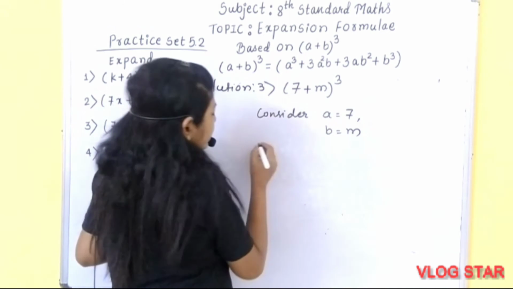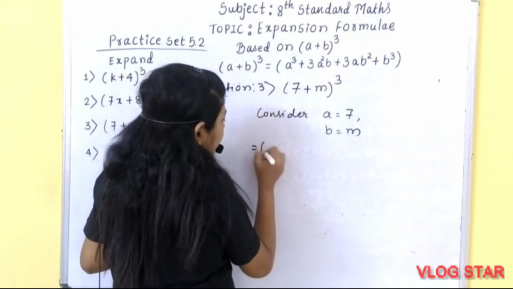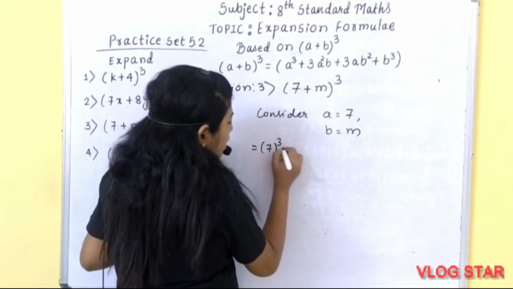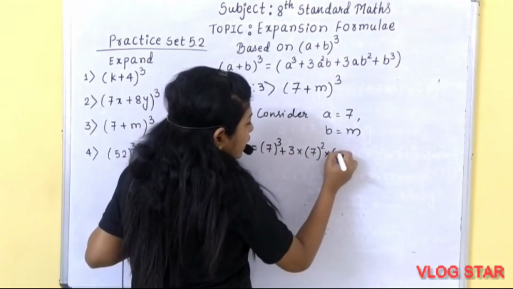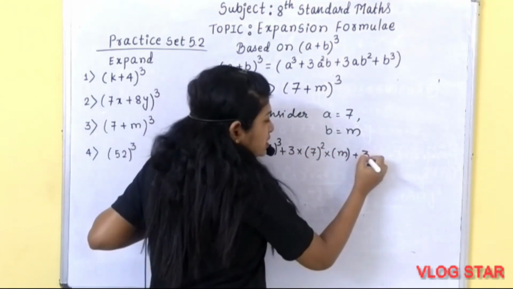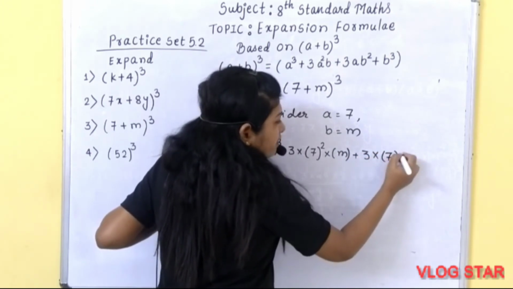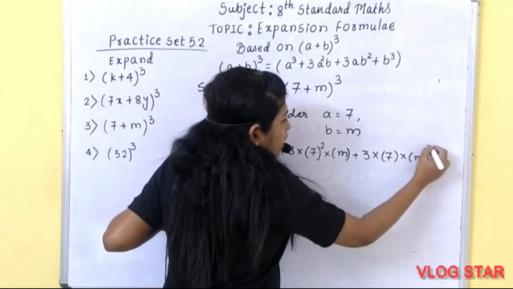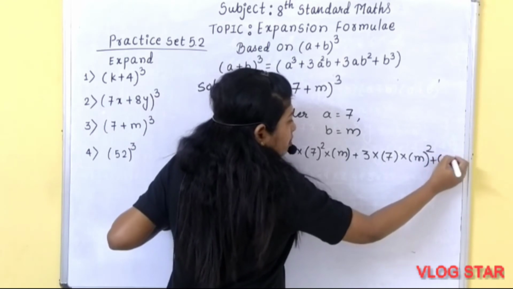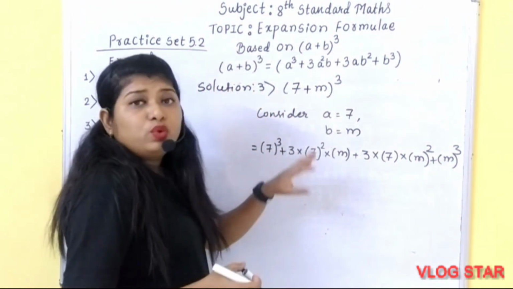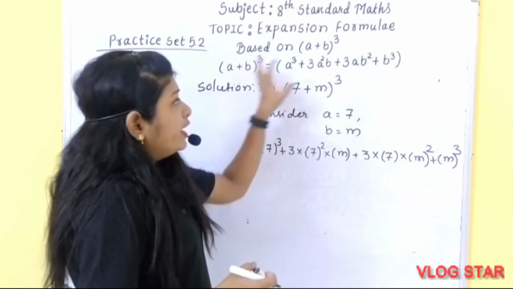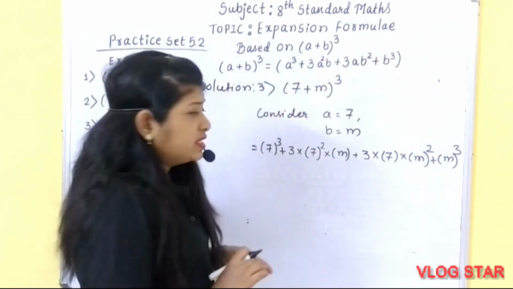And after applying this formula, what will you get? 7 cube plus 3 into 7 square into m plus 3 into 7 into b square, that is m square, plus m cube. I hope you have understood how to substitute values inside the standard result.